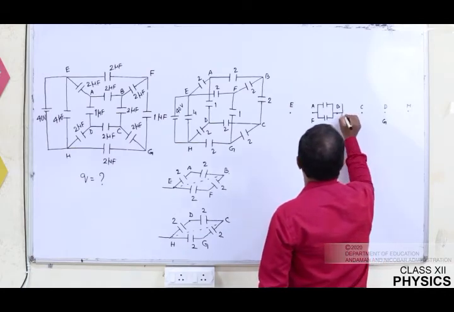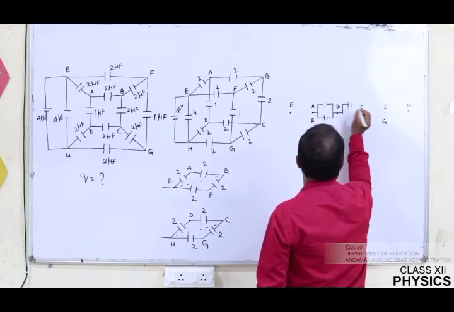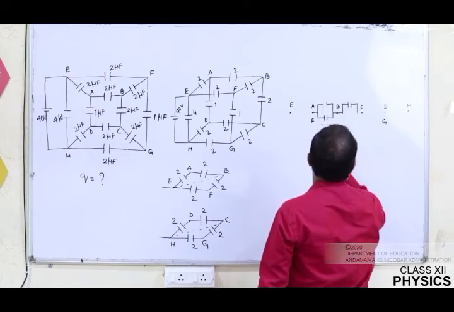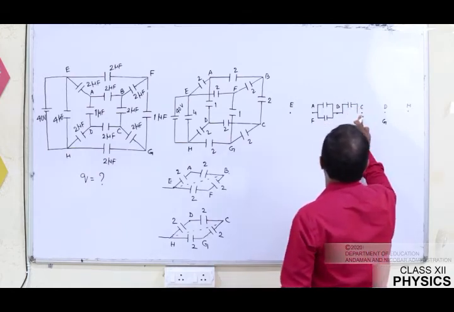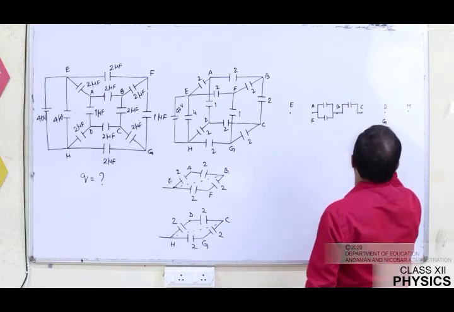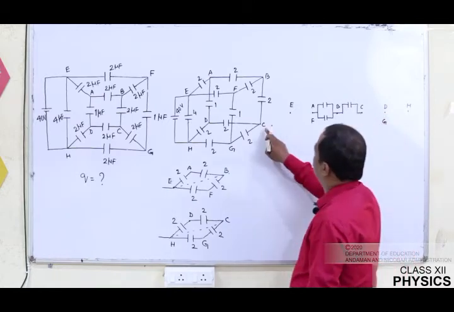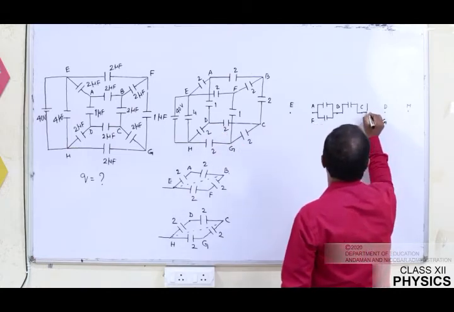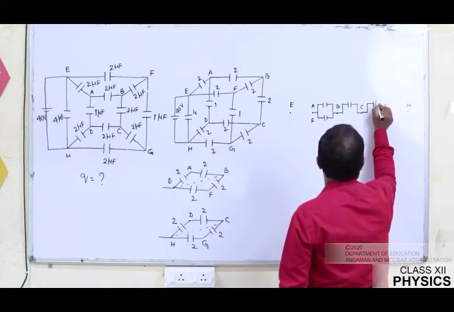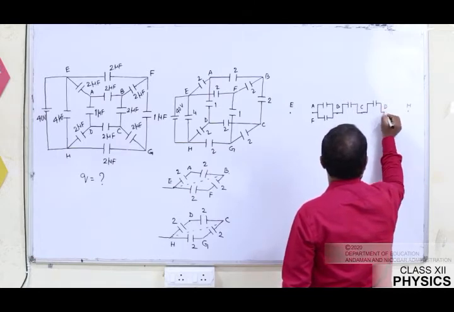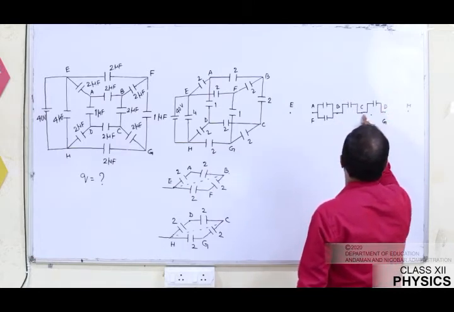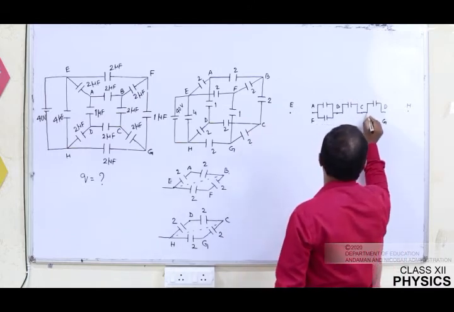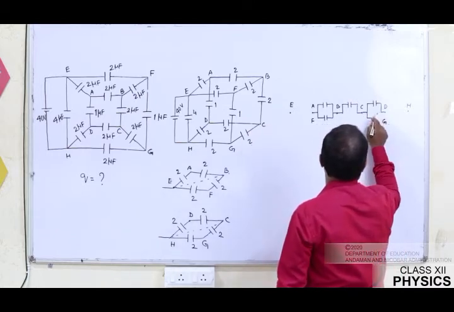And C to D, a capacitor, and C to G I have one more capacitor, so therefore C to G.